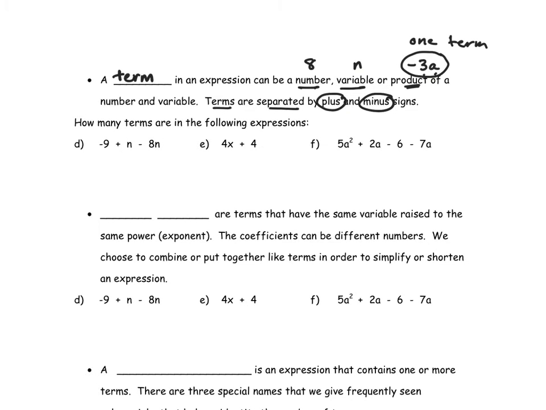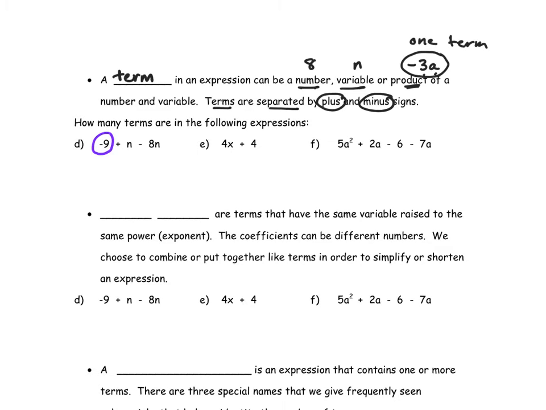So we're going to be asked how many terms are in the following expressions. Let's recall that terms are separated by plus and minus signs. When we circle these terms, I'm going to ask you to use the operation sign, the plus or minus sign, in front of each term and have it go with the term. For example, this -9 is one term. And here's a plus sign, and I see plus n.